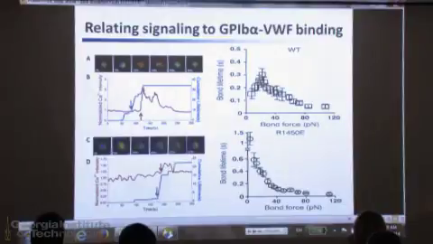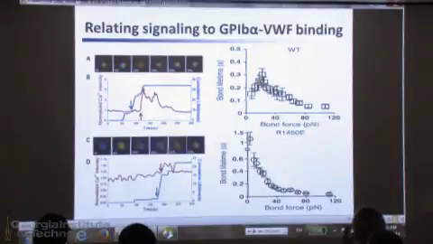And so here is the bond lifetime versus force, and this is the data actually from a 2008 paper that was my first collaboration with Dr. McIntyre. He is the one that got me into the study of platelets.